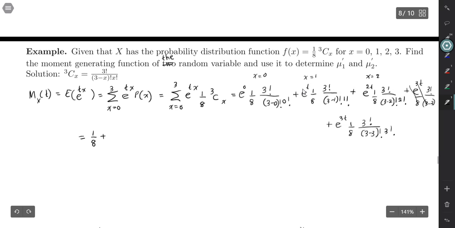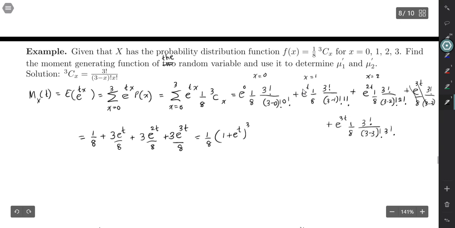If you evaluate these factorials, you will find 3 times e to the t over 8, 3 times e to the 2t over 8, 3 times e to the 3t over 8, which is 1 over 8 times (1 plus e to the t) to the power 3.